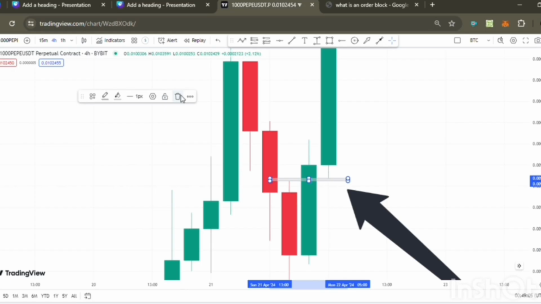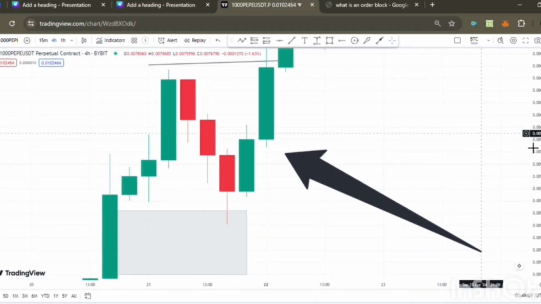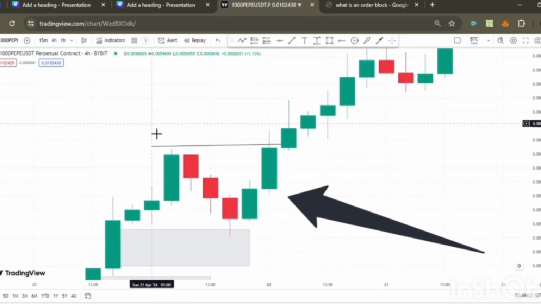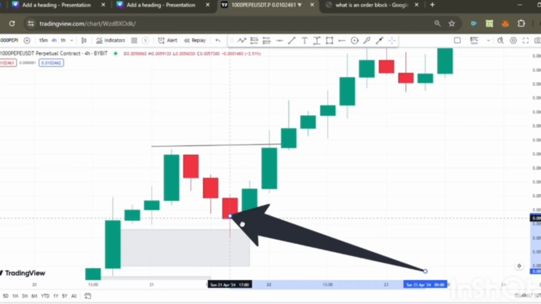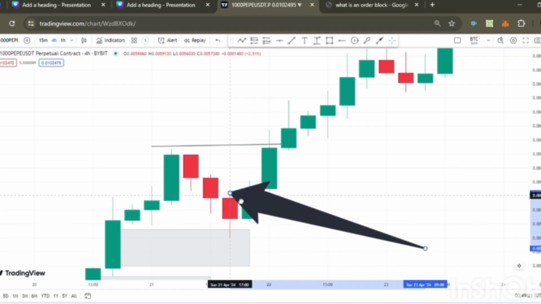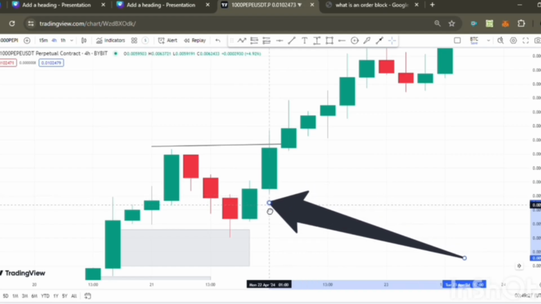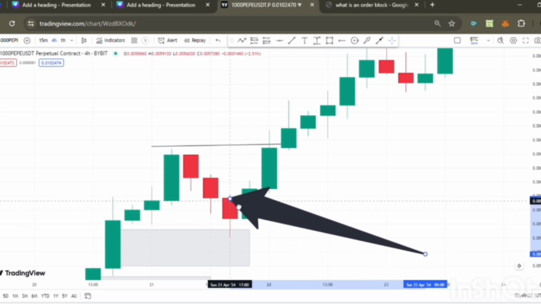Another case here: there is also a gap, because this other block, this bearish candle, has a little gap, not that strong, so we might consider this not that valid, but kind of valid.